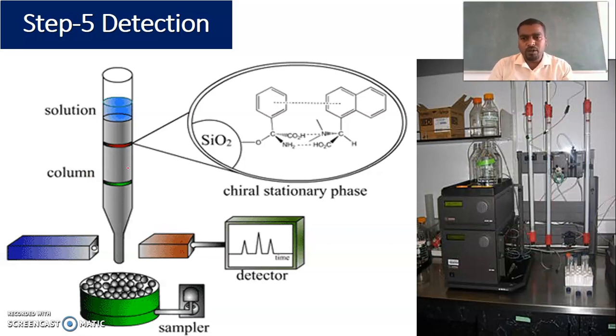Once eluted, we collect them in a separate vessel and pass them to a detector, and by using the detector you can identify the chemical composition. This ensures that the separated components are pure. So these are the various steps of column chromatography.